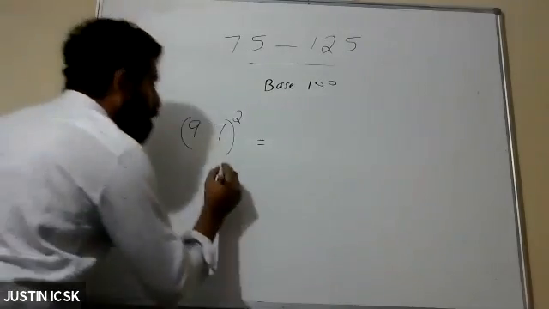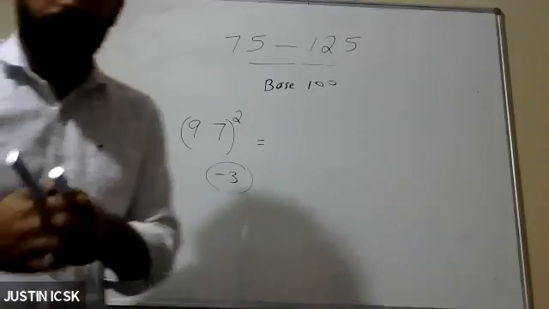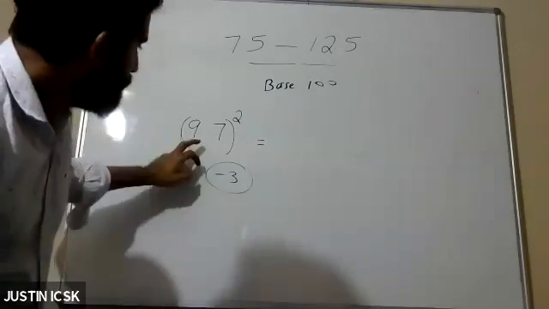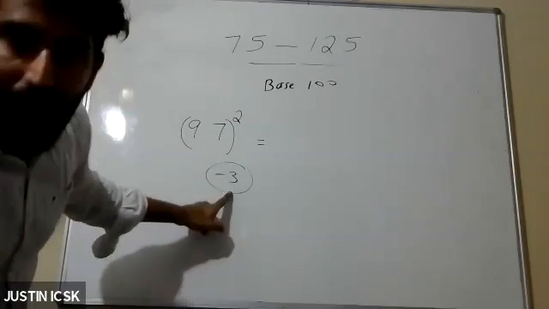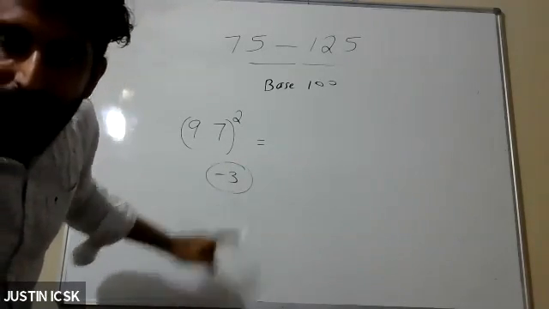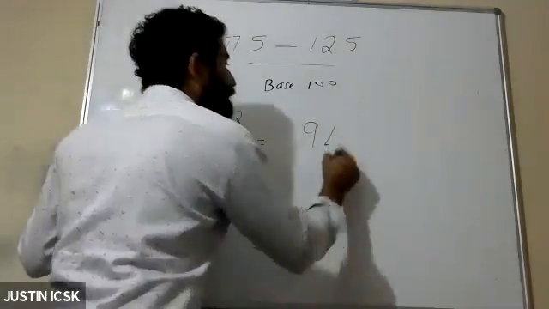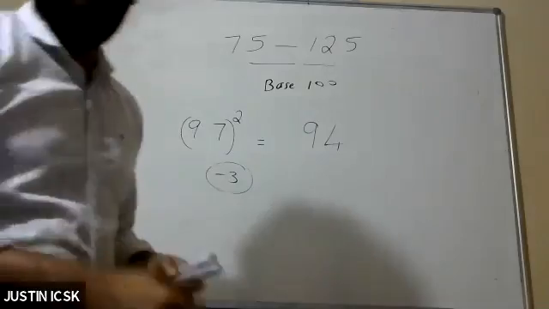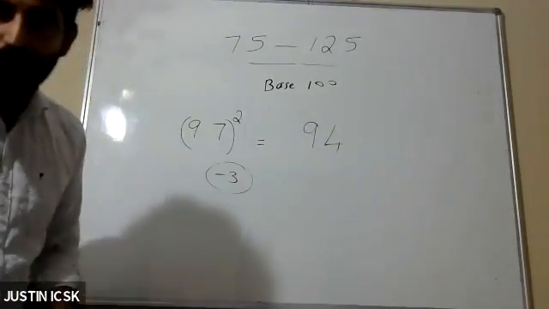So remember, minus 3. I hope all are getting minus 3. Here we are not adding, we are subtracting the same number. 97 minus 3 is 94.